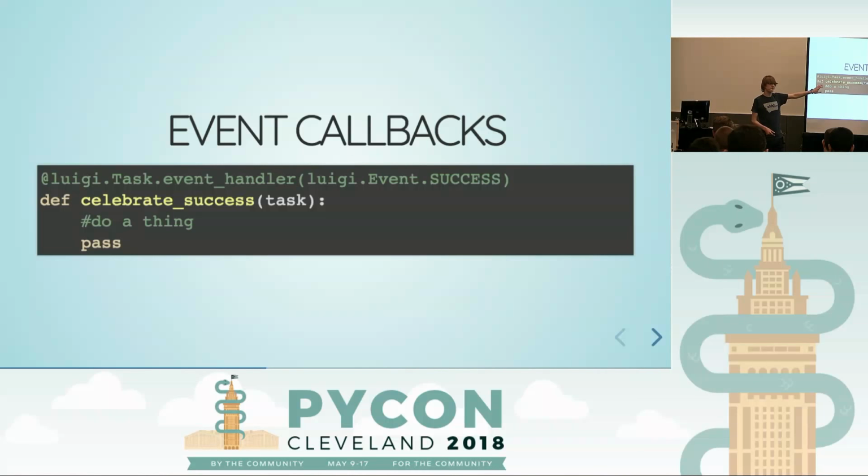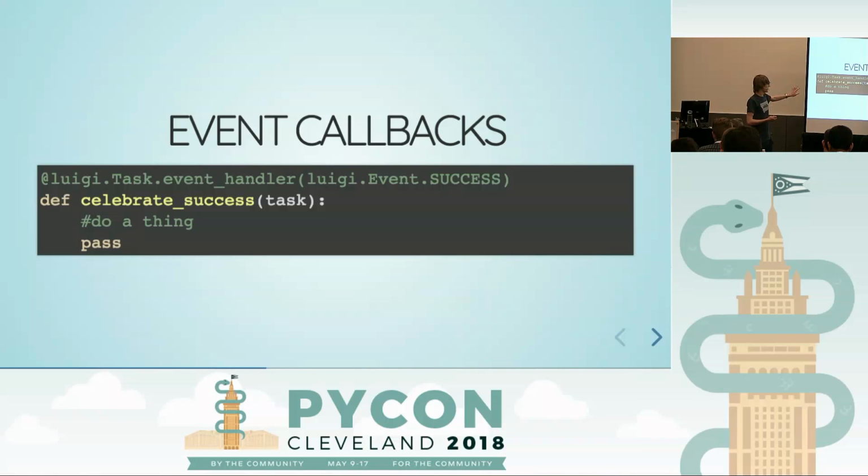So whenever you have this success event for any type of task, it'll call celebrate success. And it'll pass in the actual task instance itself. So you have an actual item, and you can look at the parameters of that or any of the other definitions within the task to get some sort of context about what this class is doing. And then you do whatever you need to do.